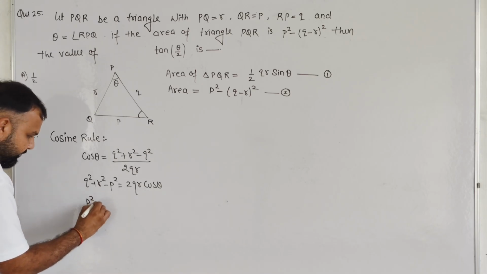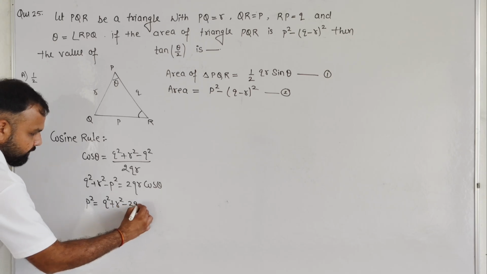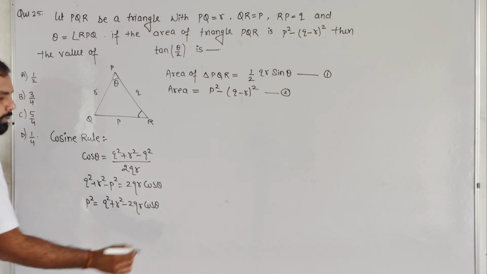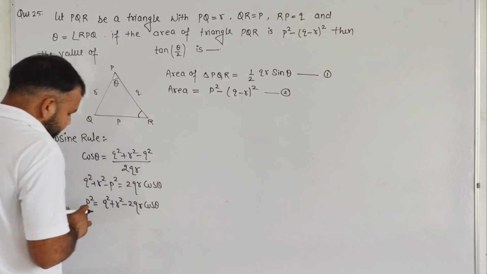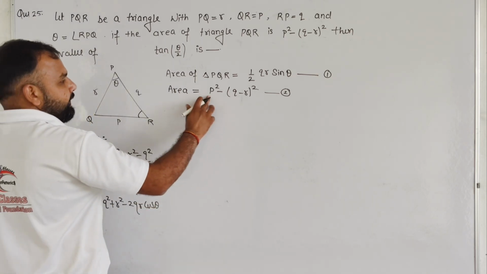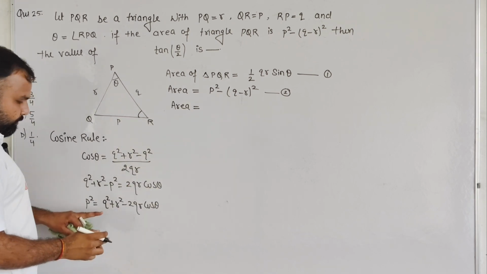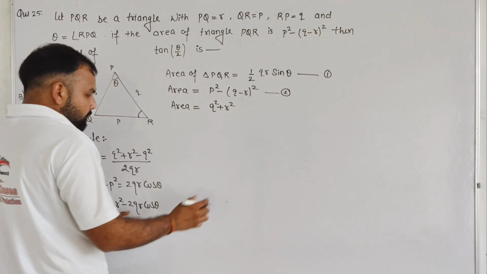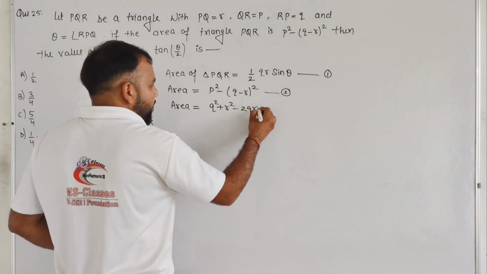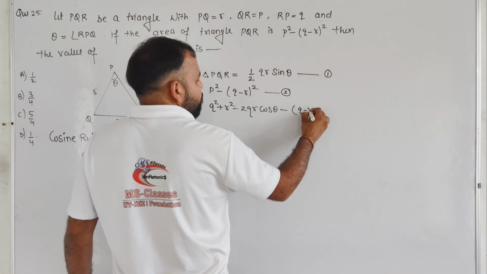So it will become p square equals q square plus r square minus 2 times qr cos theta. Okay. So student, applying the value of p square over here, this area will become q square plus r square minus 2 times qr cos theta minus q minus r whole square.